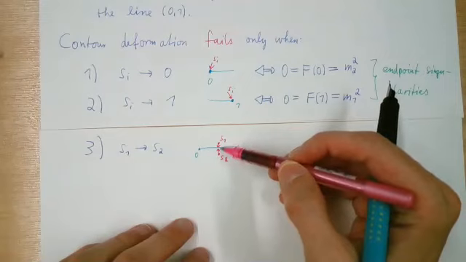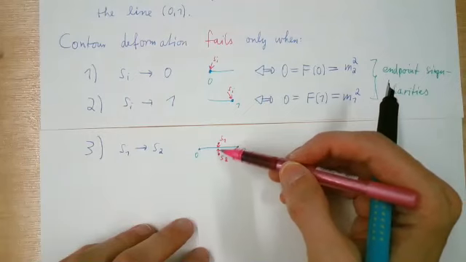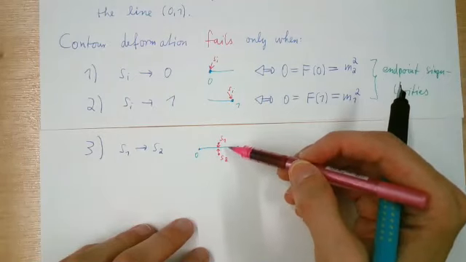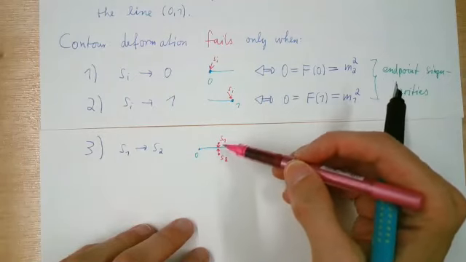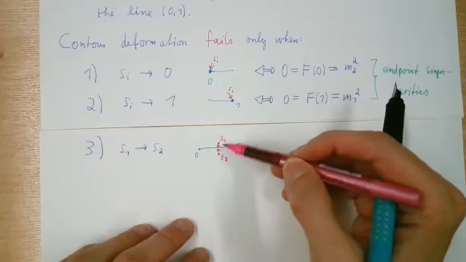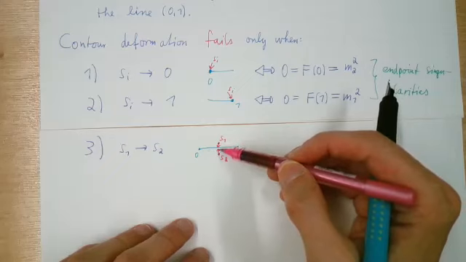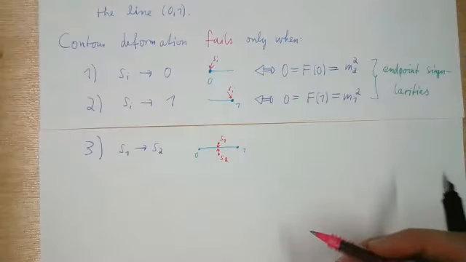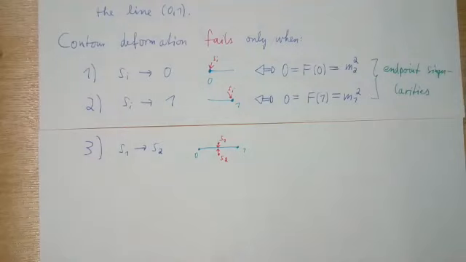You are only allowed by Cauchy to deform the path smoothly. So you cannot take the path around the singularity, right? Because then you would pick up a residue contribution. So if you have to stick between S1 and S2, and now S1 and S2 become the same, you have no way to avoid getting arbitrarily close to the singularities.